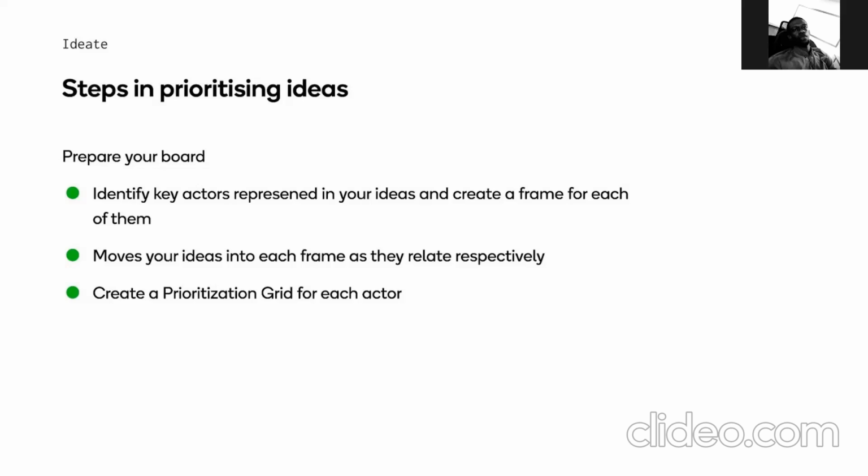And then you create a prioritization grid for each actor. I've mentioned the LMS that has the learner actor and the instructor actor. The learner actor would have its own prioritization grid, and the instructor actor would have its own prioritization grid, with high impact, low effort, and the like.